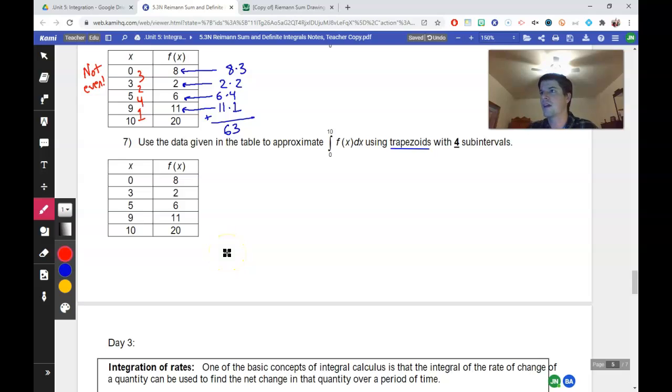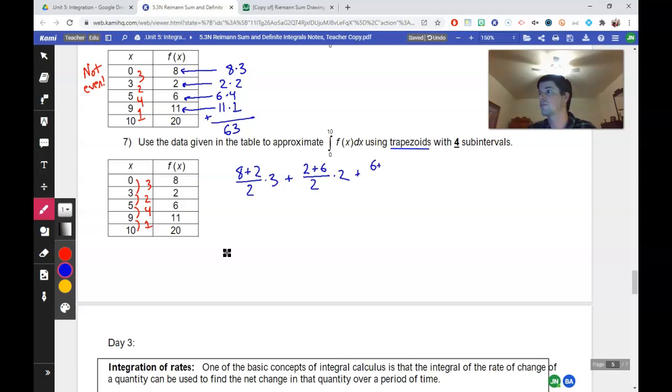So I have the same widths here, so that's a 3, and then a 2, and then an increase of 4, and then a width of 1. And so what we need to do is 8 plus 2 over 2, the average of these first two, and multiply that by 3, the first width. Plus, then we're going to do 2 plus 6 over 2, multiply that by the next width.